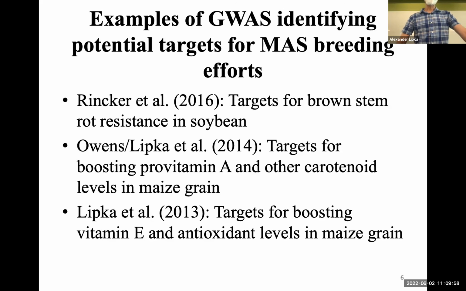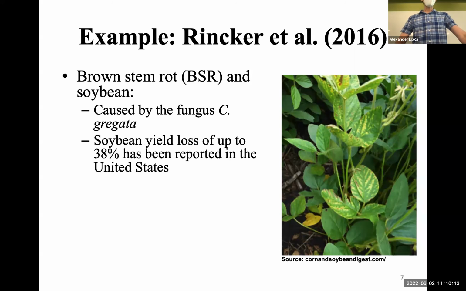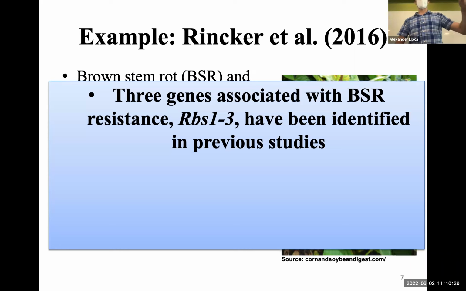Okay, so first example is brown stem rot in soybean. Here are some facts about brown stem rot that my co-authors know that I don't, and I'm just regurgitating these. So brown stem rot is caused by this fungus, and yield loss up to 30% has been reported. And it has been mapped to only 12 sources which have been used to develop resistance cultivars.